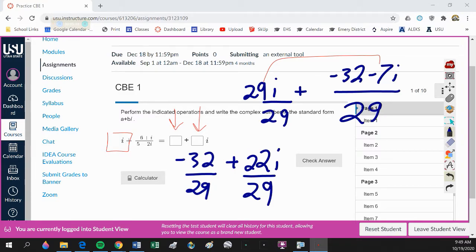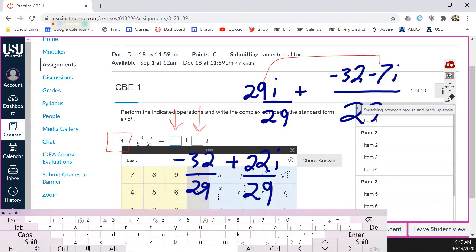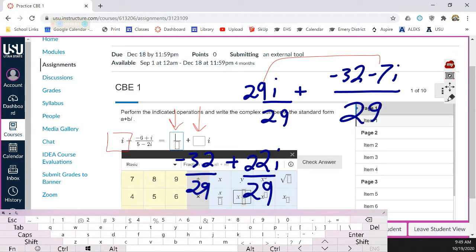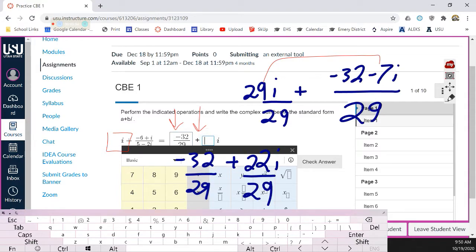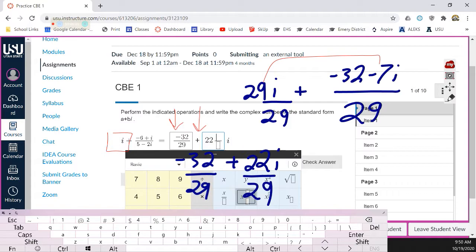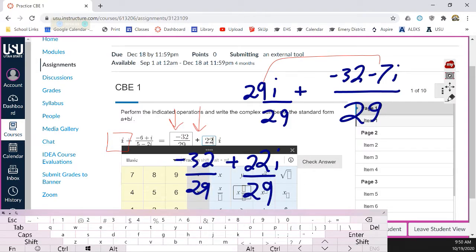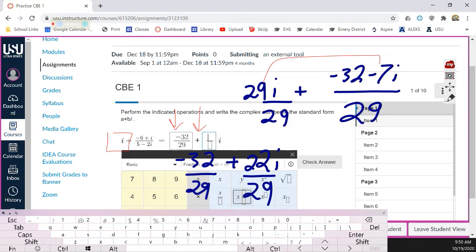Okay. Do I dare plug it in? So I need a fraction. Negative 32 over 29. And then 22. Oh, that's no good. 22 over 29.